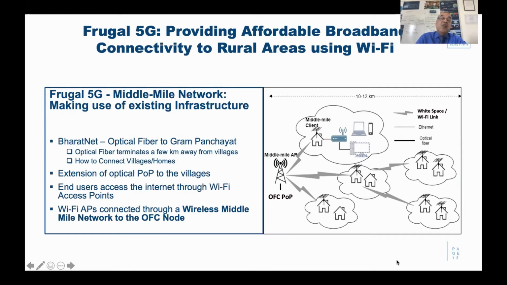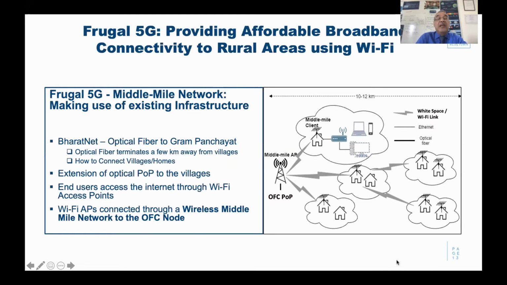The technology used for that has to be unlicensed. Normally we are using a Wi-Fi link, but for the middle mile part, from the tower to a middle mile client, it can be E band, V band, even white spaces. It can be anything actually, and in some cases even optical fiber.